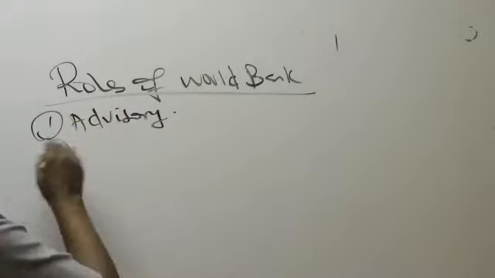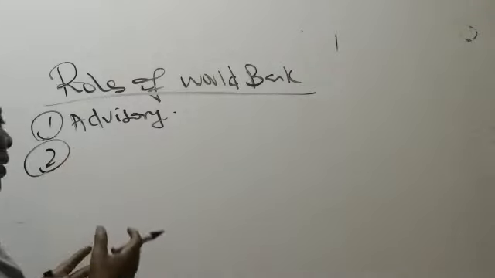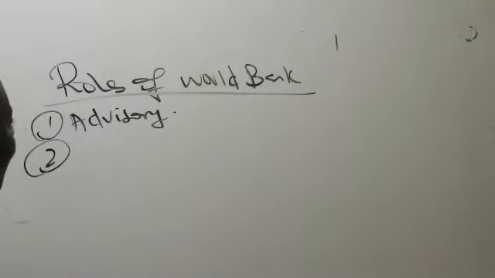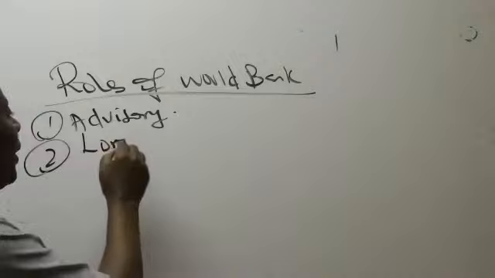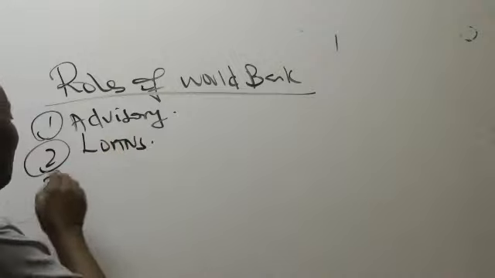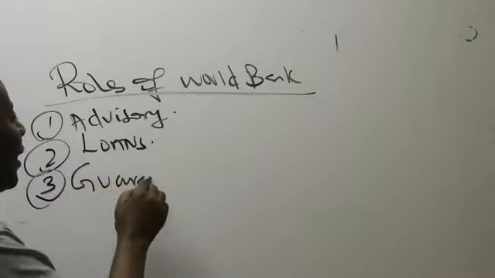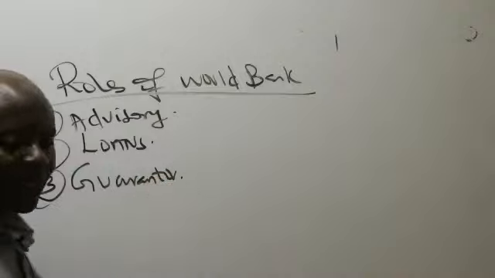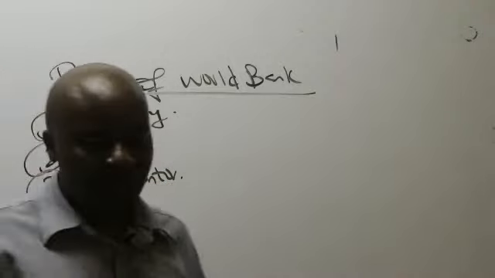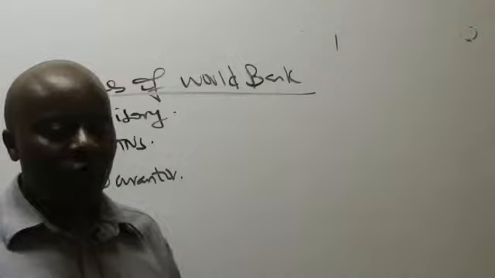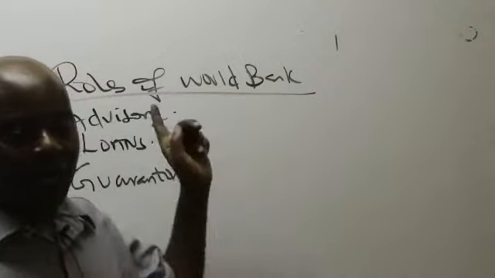Advisory, giving member countries development loans. I saw you talking about guarantor. It comes in as a guarantor whenever two nations are involved. Technical services to member countries, that is correct, and advisory.